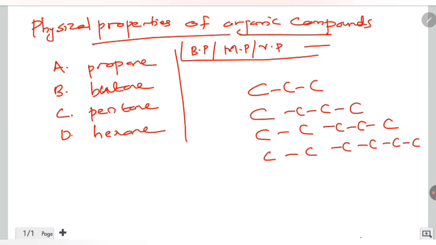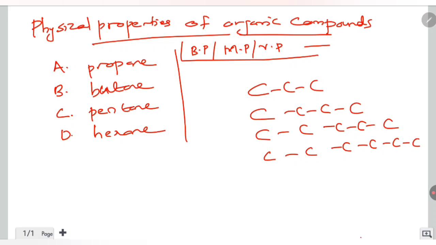So what is changing here is the length of the chain or number of carbon atoms. So you can take independent variable as chain length or number of carbon atoms. Dependent variable, like I said, melting point, boiling point or vapor pressure, whatever is given in the question. Okay, if it's only boiling point, then your dependent variable is boiling point. And what is the same here, the controlled variable, is the homologous series.